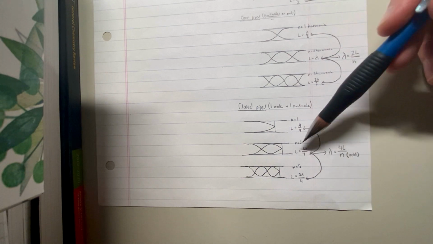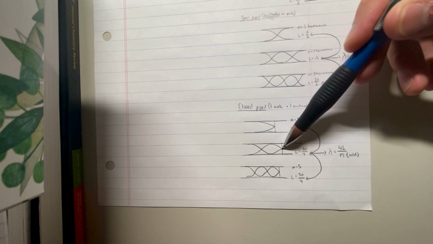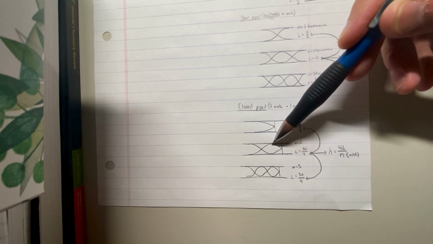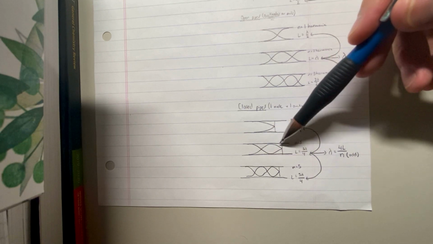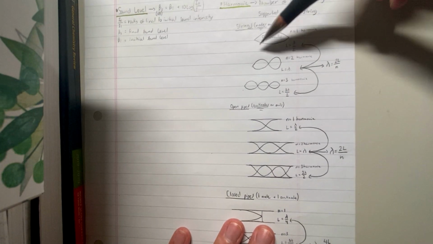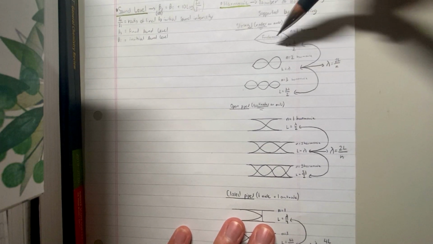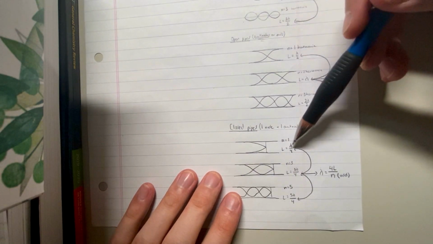And then we jump right away to harmonic 3, because if we had harmonic 2, we would have a quarter wavelength, half a wavelength, and then this part here would give us the fundamental again. So for closed pipes, we only have odd harmonics.